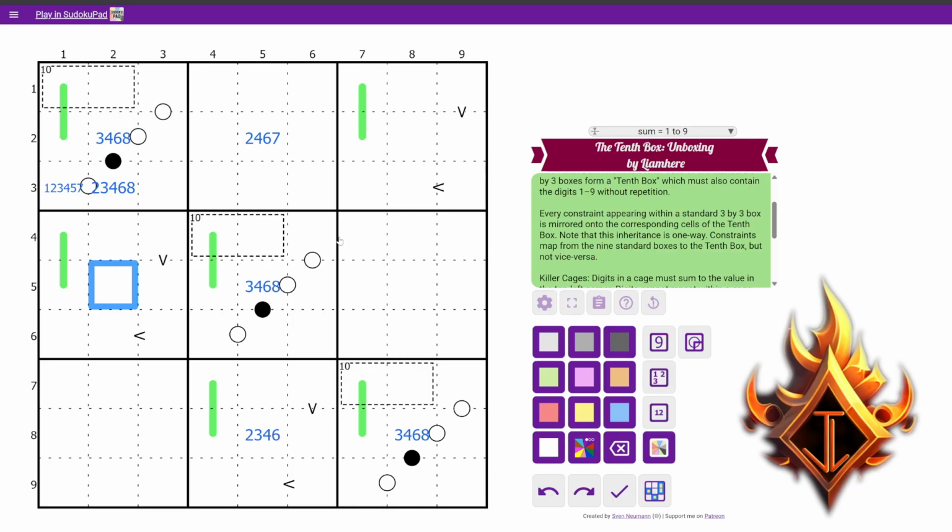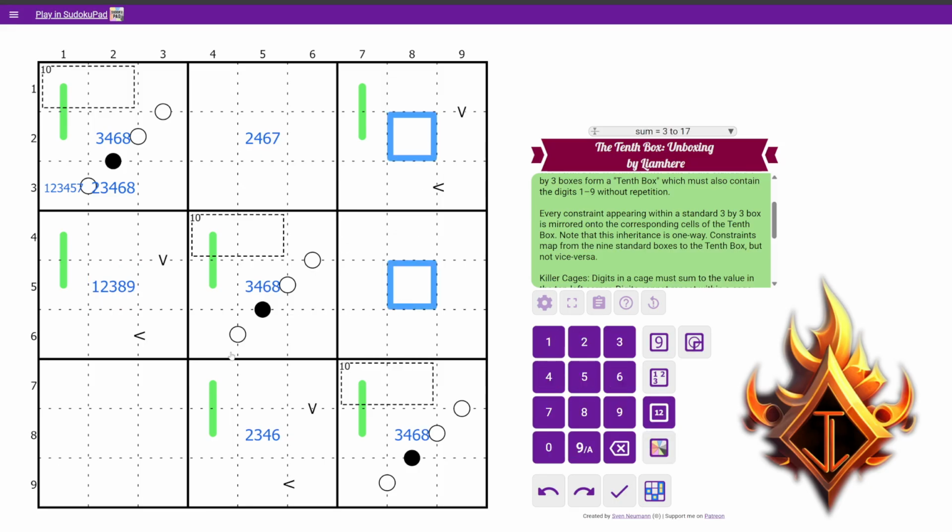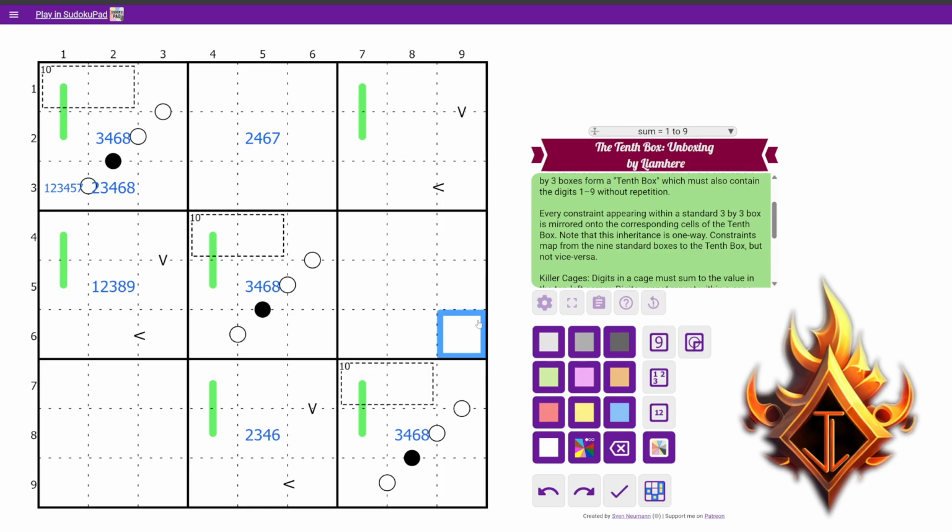So if it was one of the low ones, it would be 8 or 9. One of the high ones would be 1, 2, or 3. It's quite a lot. But, we are getting... Isn't that a combo? Oh no, that's not a combo.